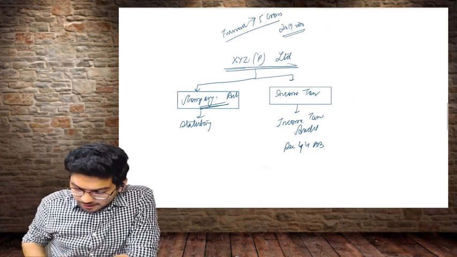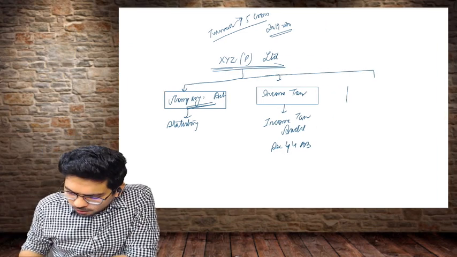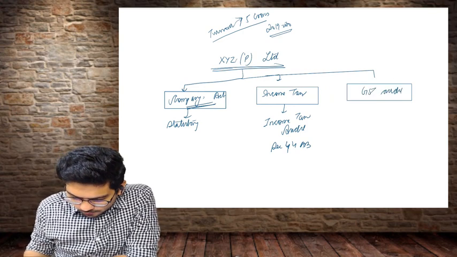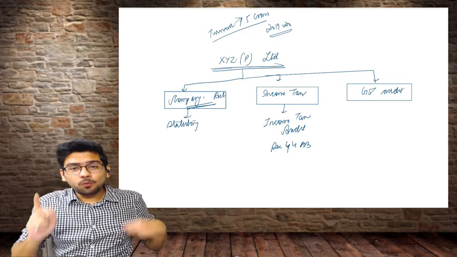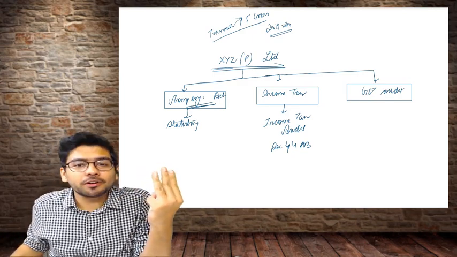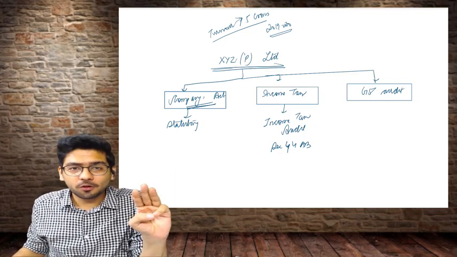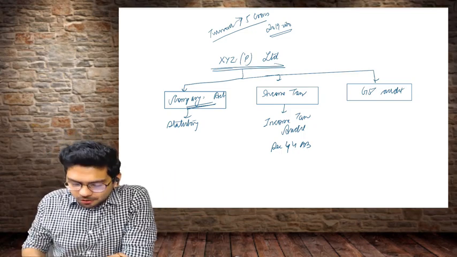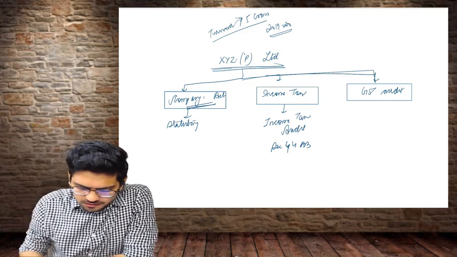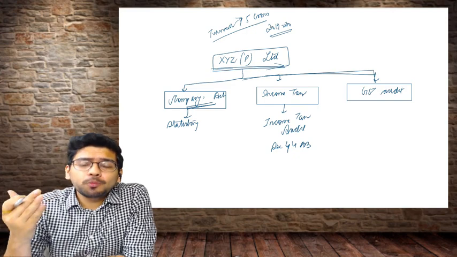Similarly, we can also have GST audit on the basis of turnover. So are you able to understand that one company has to undergo three types of audit? But for each of the scenarios, whatever audit you are going to do, for XYZ Limited, the auditor has to be appointed first.